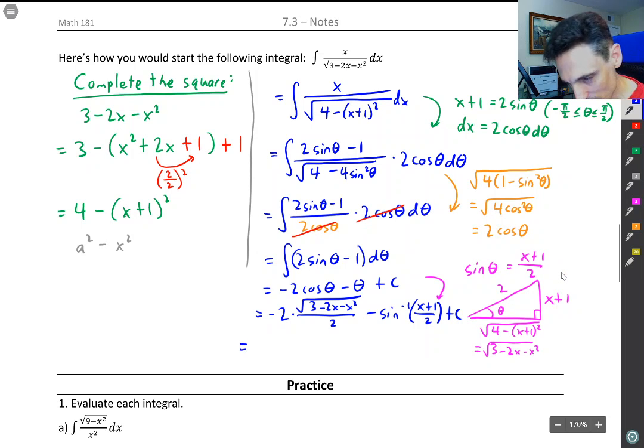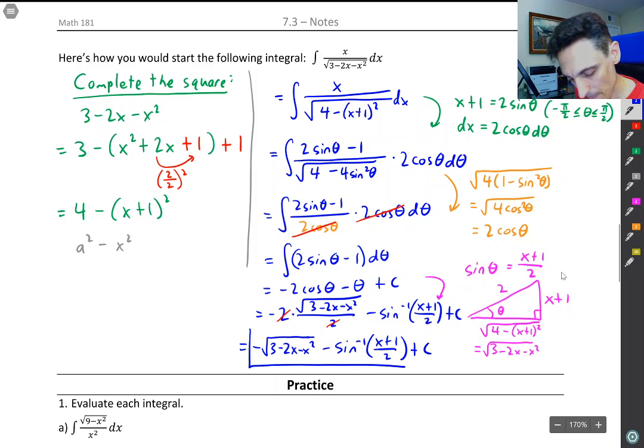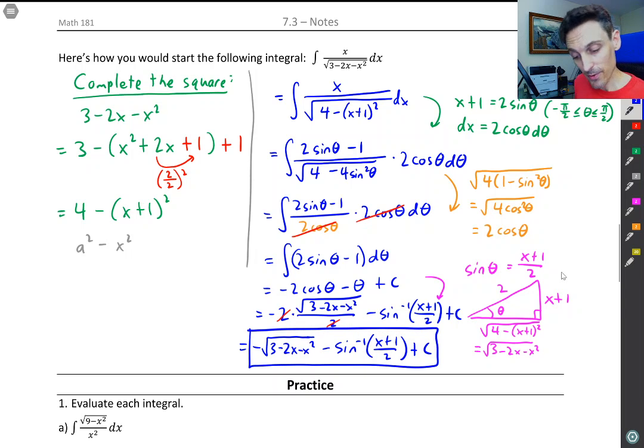So the last thing maybe would be to cancel off these 2's. We still have a negative in front. So we have negative the square root of 3 minus 2x minus x squared minus inverse sine x plus 1 over 2 plus c. So that would be the answer for that integral.